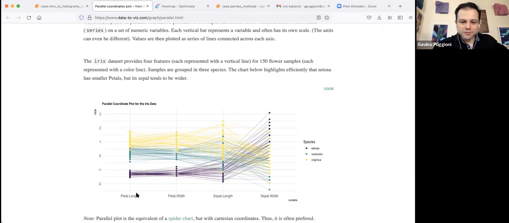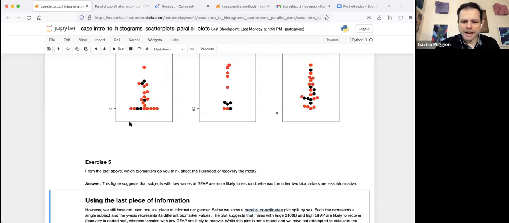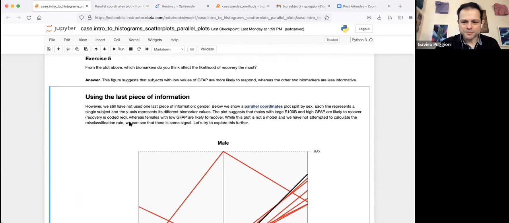And as we see here, 4 variables of interest: the petal length, the petal width, the sepal length, and the sepal width. And you have 3 different species, and you can actually see if there is a pattern that connects the different variables. So how do we map this here?